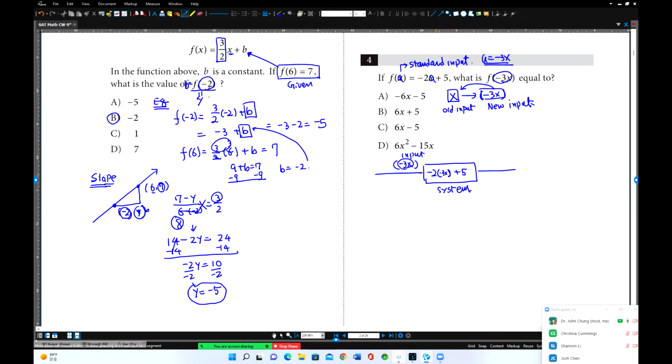The total is how much? Negative 2 times negative 3x is positive 6x, and plus 5. That is the new output. Choice B is the answer. Don't be confused. If you want to change the variable, that is easy to understand: this is input, this is input, replace over here.